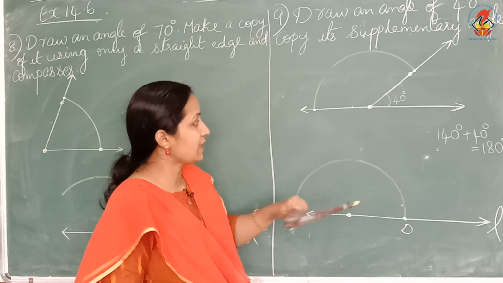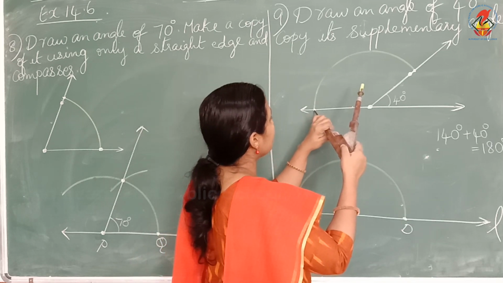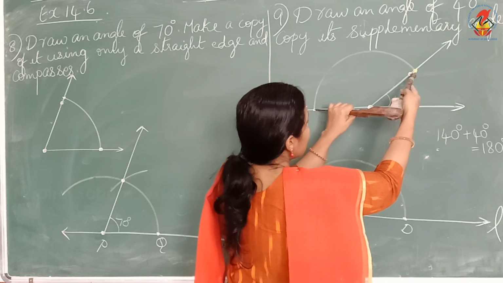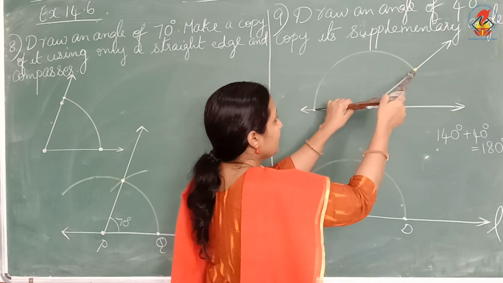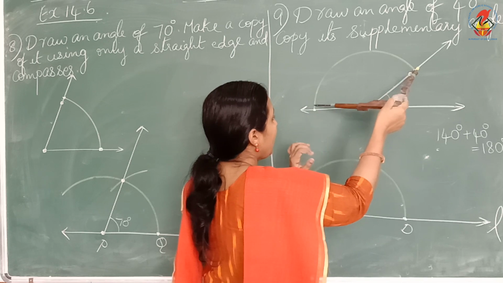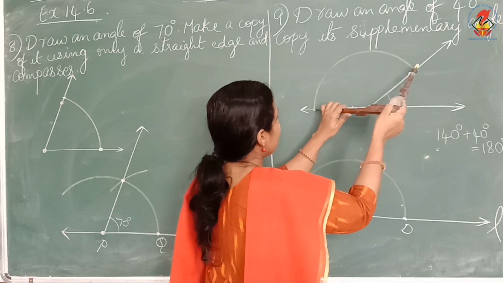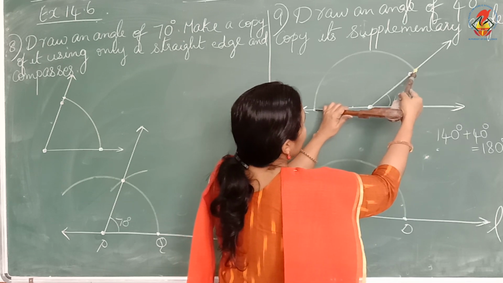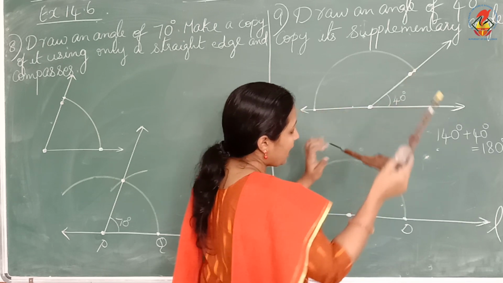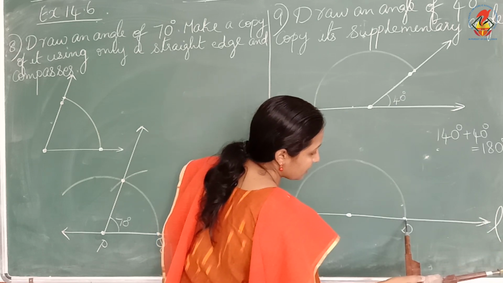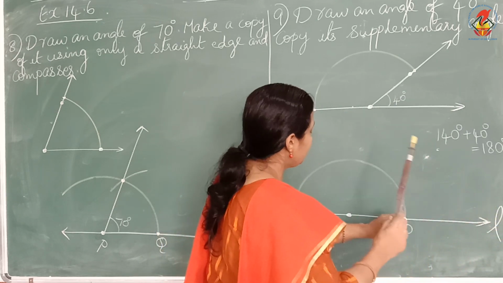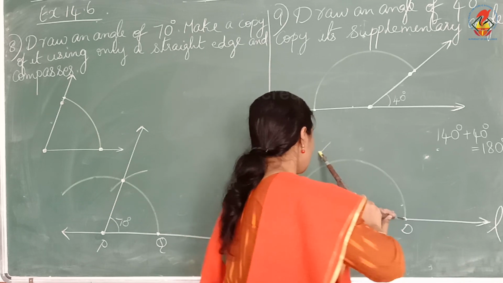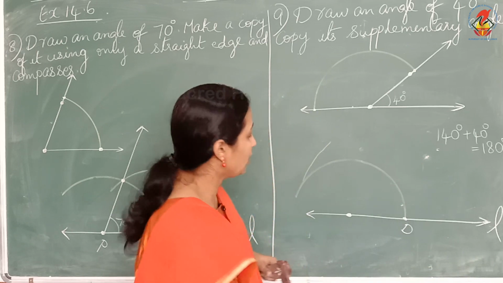Okay. Now what is the next step? Take this arc length, children. This is our arc, is it? Take this arc length and place the pointer of the compass at this point, and without changing the compass measure, you cut one arc in this previous arc.